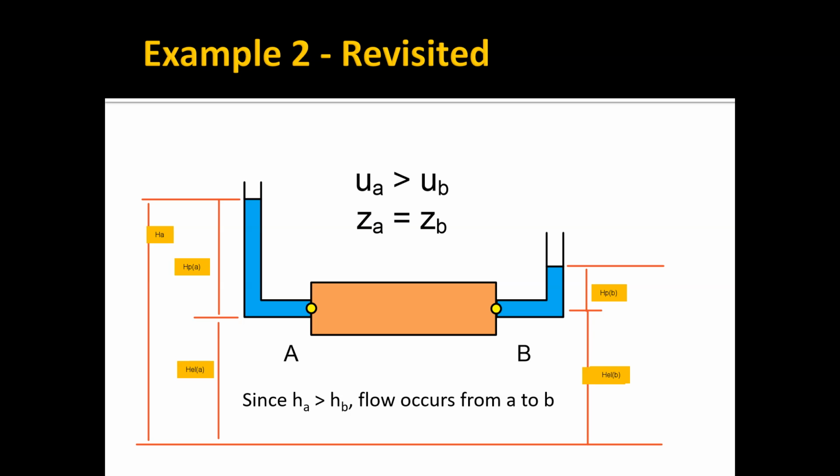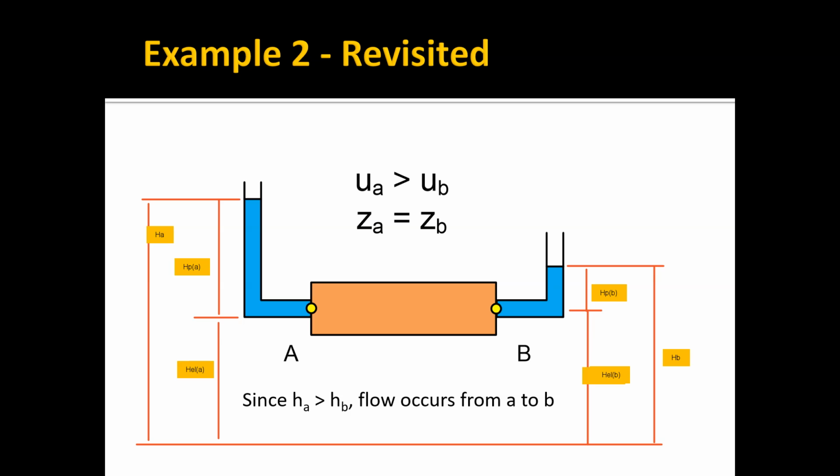And then finally, if you just go from the datum up to the height to which water would rise above point B, we have the total head of point B. Again, elevation head, pressure head, total head, elevation head, pressure head, total head.